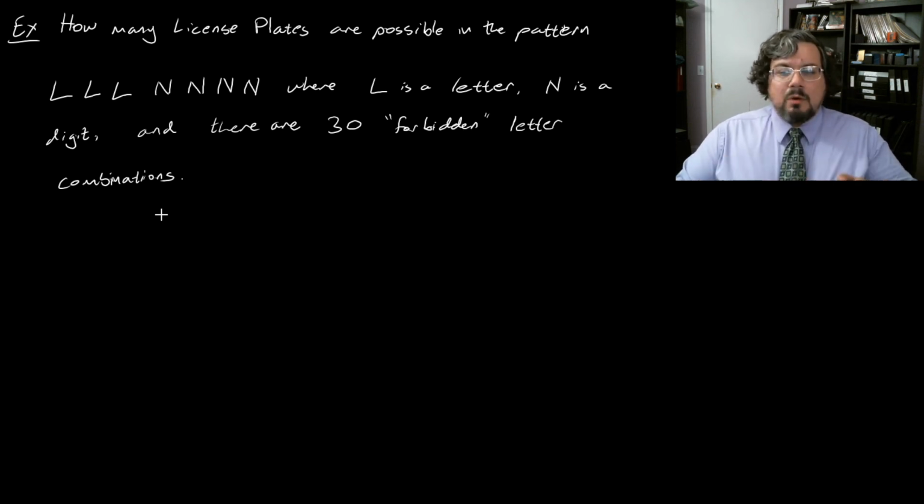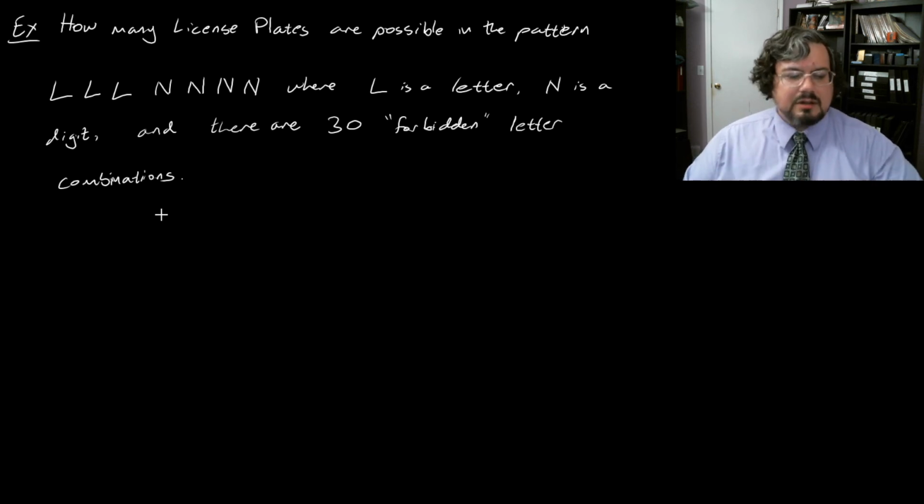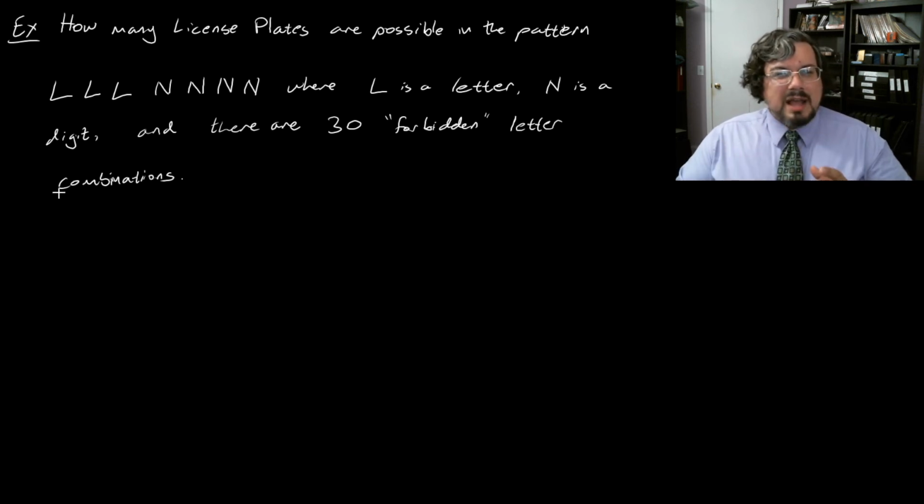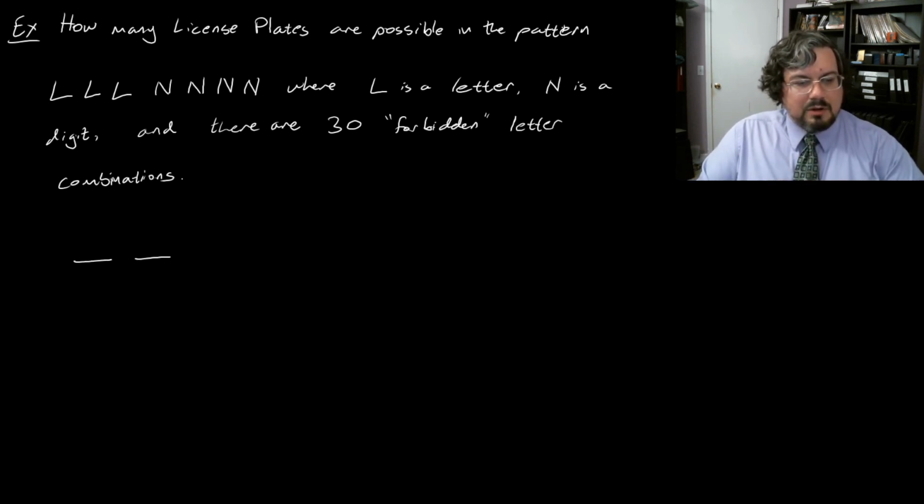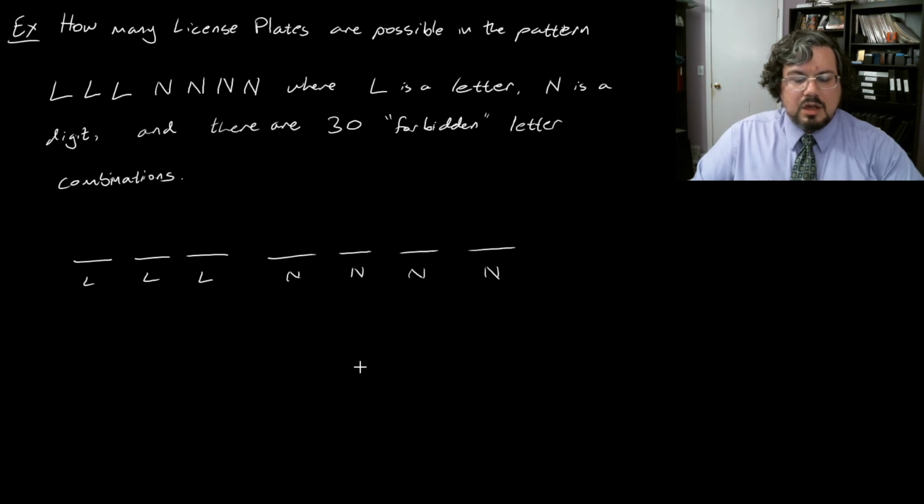Now, what's important here is that this 30 doesn't directly tell us how many choices we have for the first letter, the second letter, or the third letter. In fact, if we try starting off the same way that we did the last problem, and say, all right, we're going to have 3 letters followed by 4 numbers, we've got a problem.